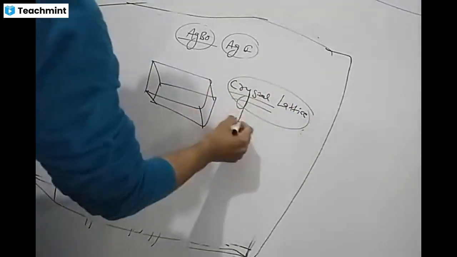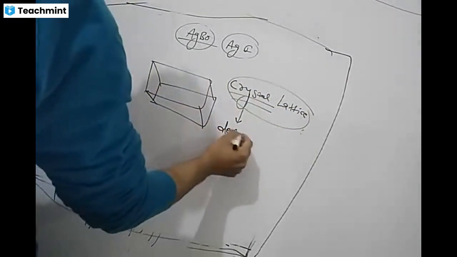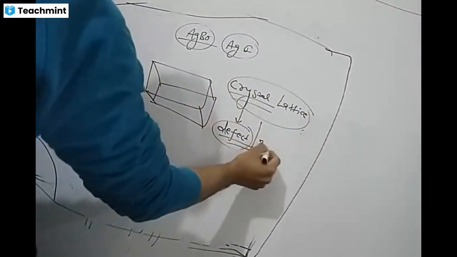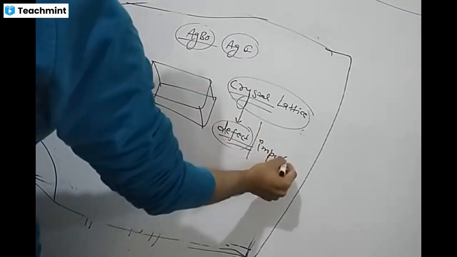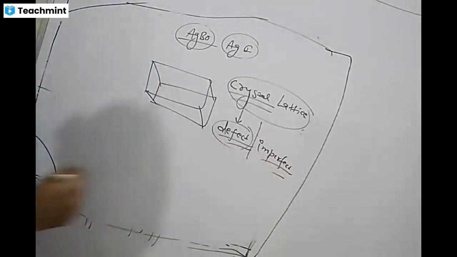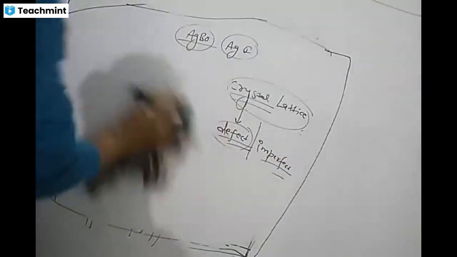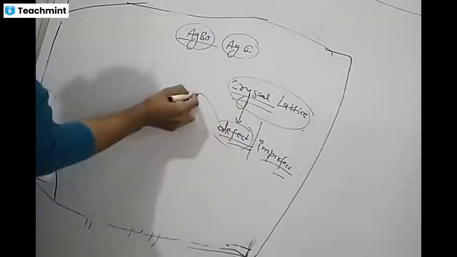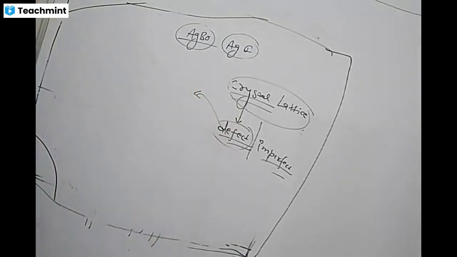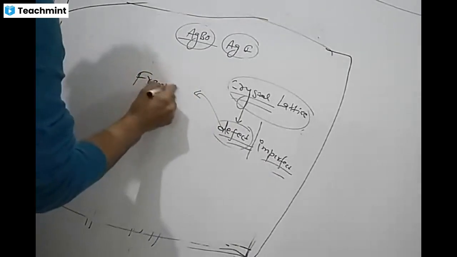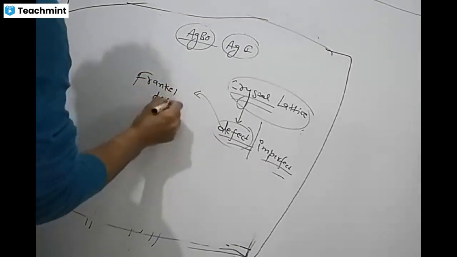In this lattice, there are some defects, meaning this lattice is not perfect. It is imperfect. What kind of defect is there? We call it Frenkel defect.